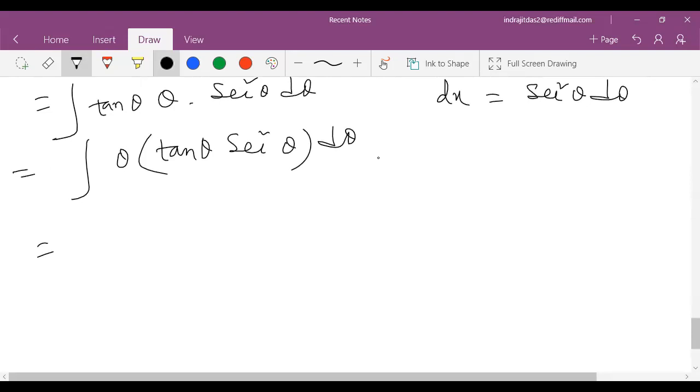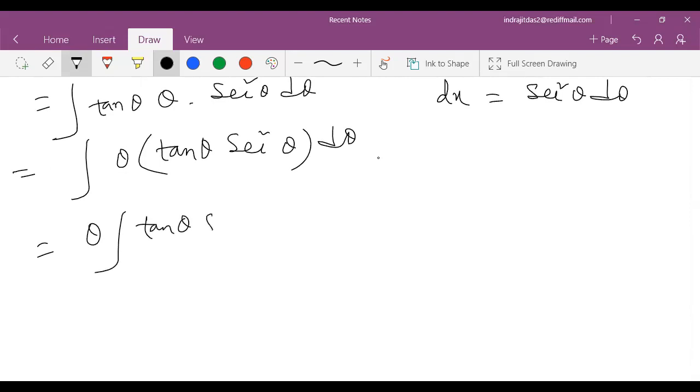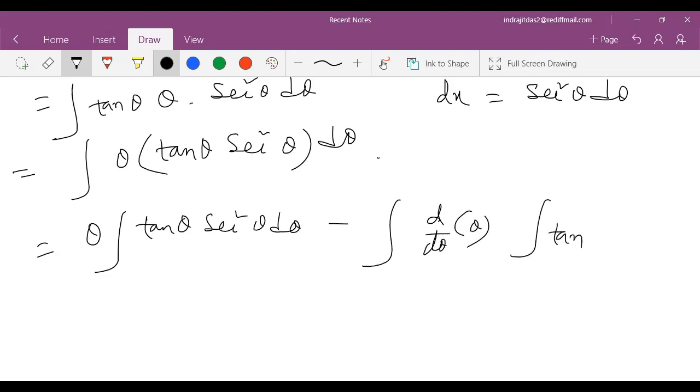Outside means that u is outside, v is tan theta sec square theta, this integration together, minus theta derivative and integration of tan theta sec square theta. This is something we should take care. And then whole this integration with respect to theta again.